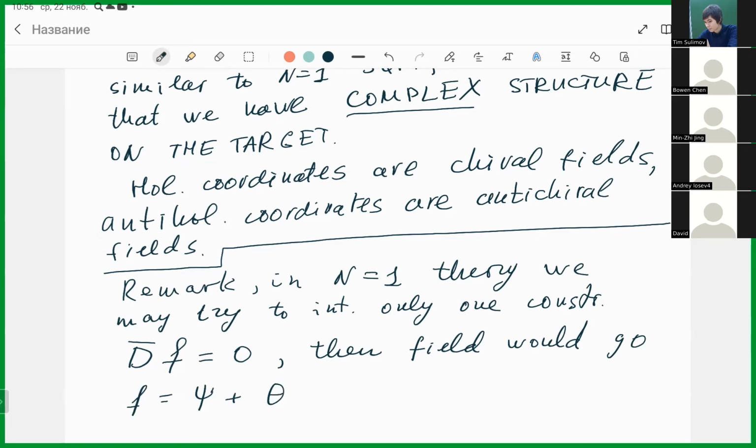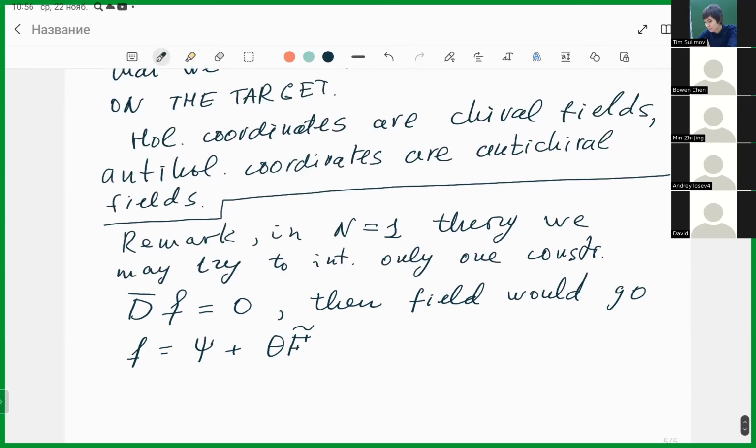You may try to write it this way. So actually it's a good question. I don't know how to write it. And then the question is how to write down kinetic term.